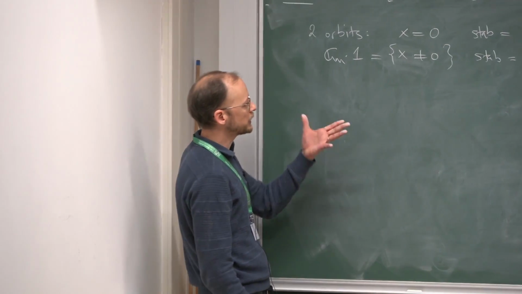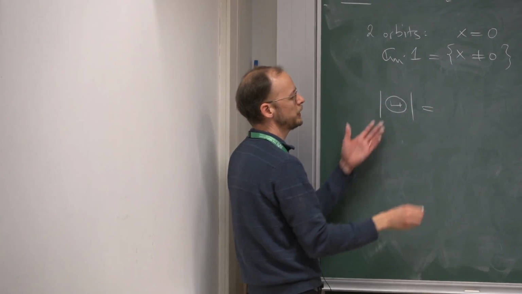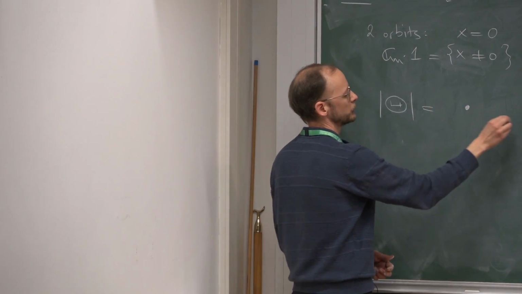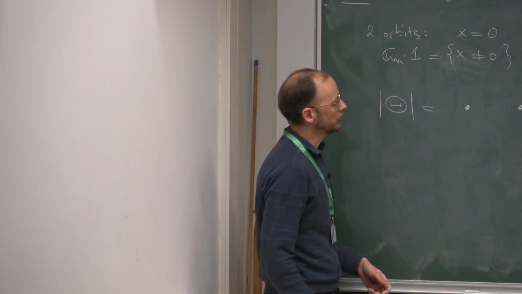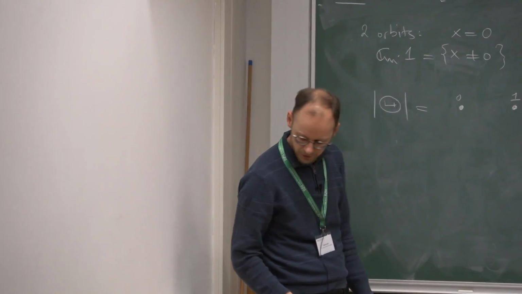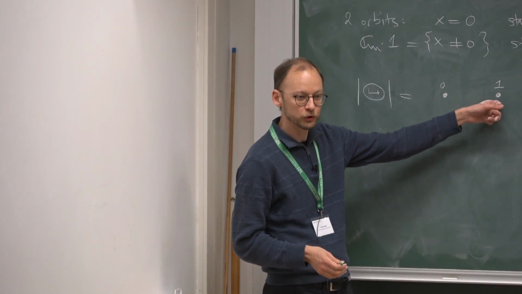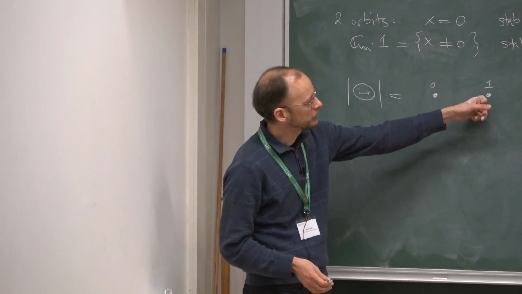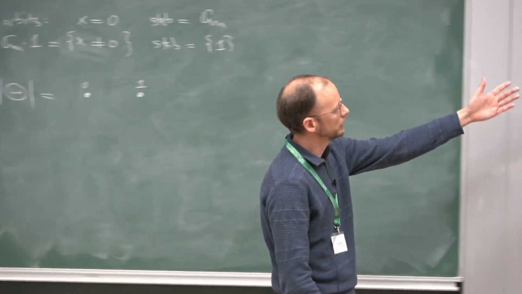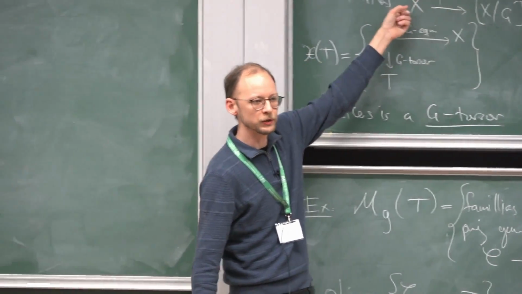So it means that if I draw the space of this stack, it has two points, which I call 0 and 1. And 1 is going to be an open point. I didn't tell you, but a set here is open if and only if its inverse image is open.